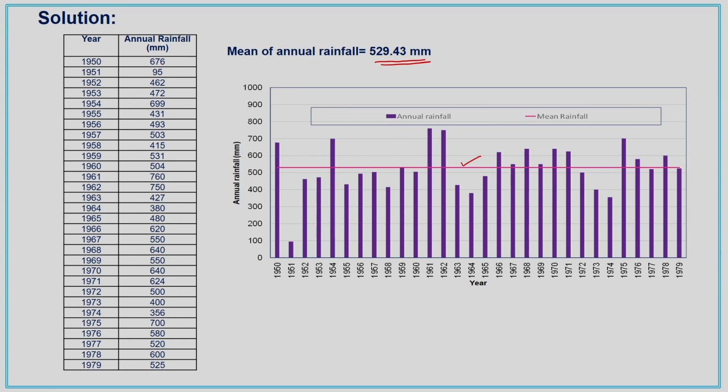So you can see here some of the years' data is above the mean value, and some years are below the mean value. Some years obtained rainfall above average, and some years had rainfall below average. What is our question?